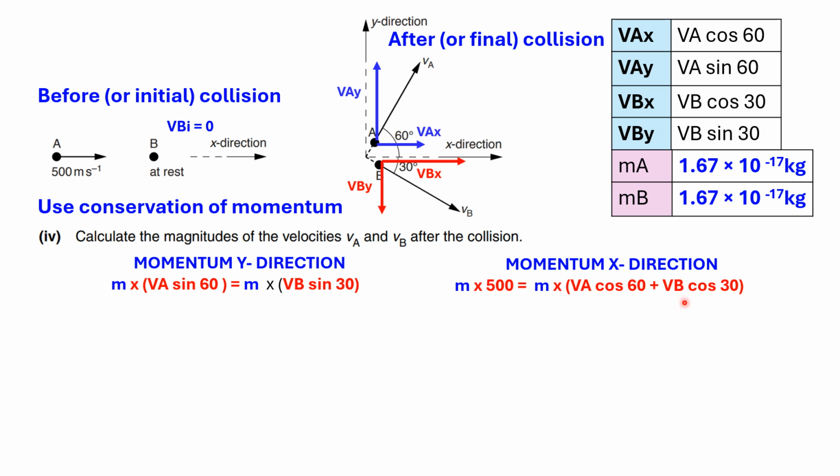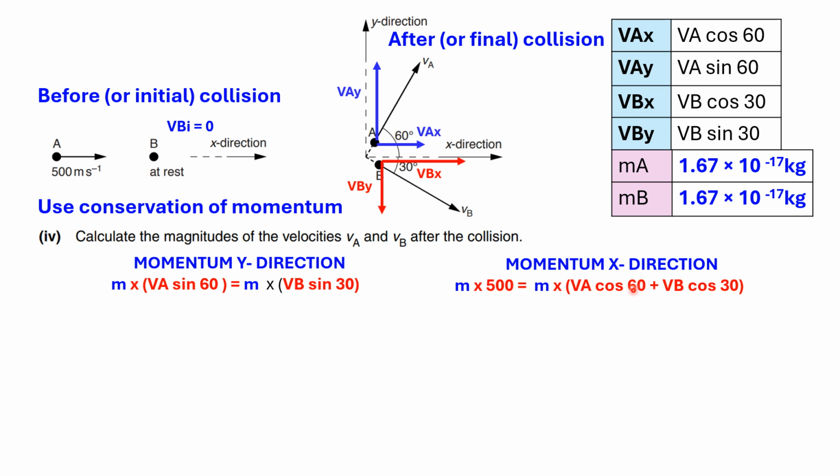Now let me work with the x direction. In the x direction, we have to look from before collision and after collision. So before collision, we have the mass of particle A times 500, plus this one here is at rest, so I'm not even going to include it in this expression because it's 0. Now after collision is this section right here.